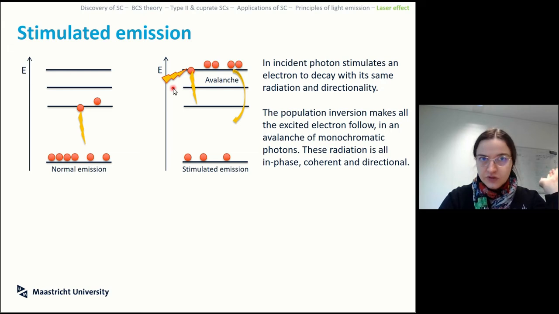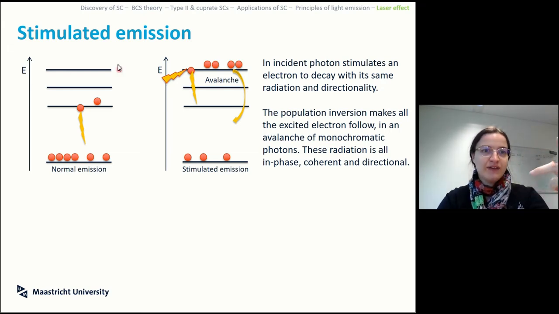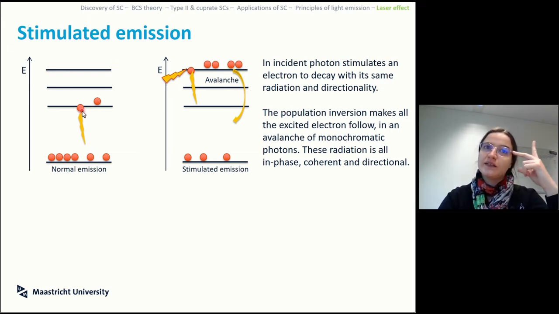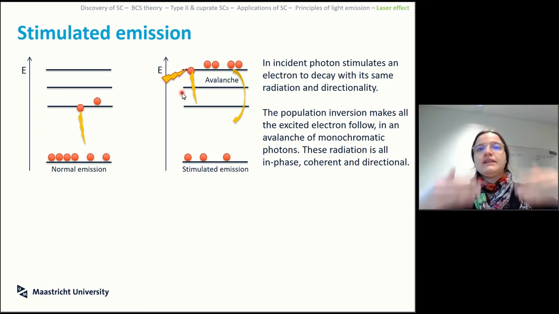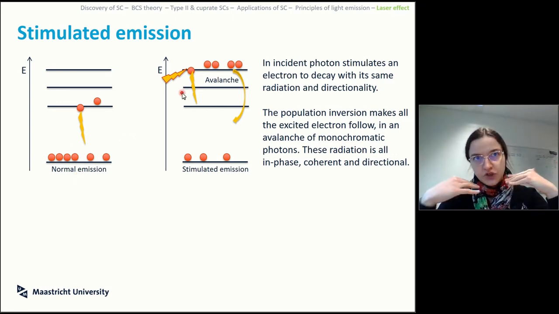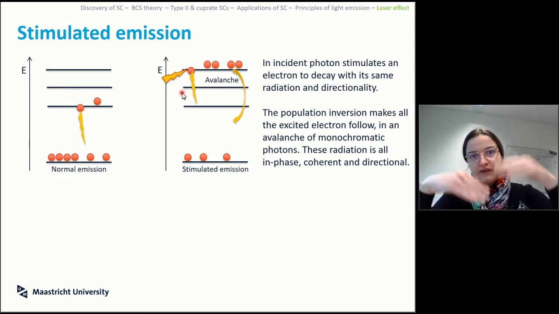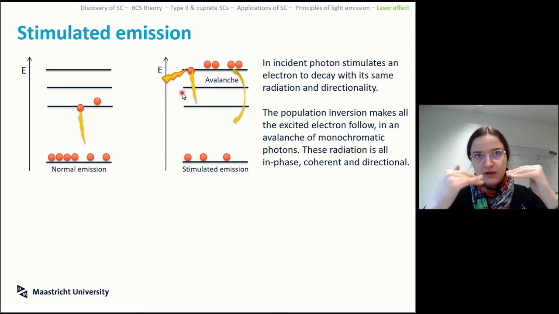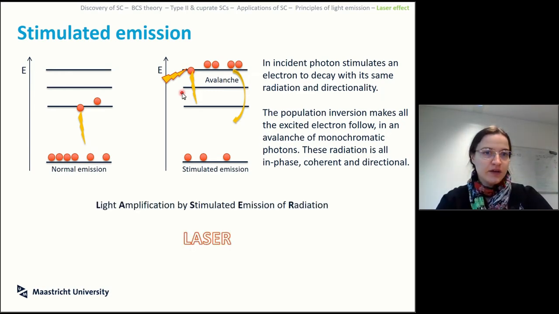First thing just drags everything down, and at that point you don't have a simple light emitted from one recombination. You have an avalanche of photons being generated by all this population inversion collapsing back down into the ground state, meaning that you have light amplification by stimulated emission of radiation, a laser. That's where it comes from.